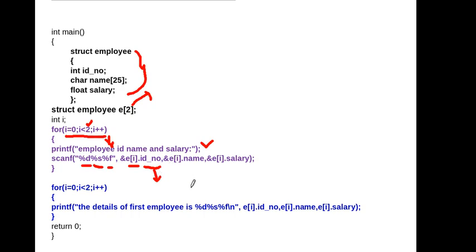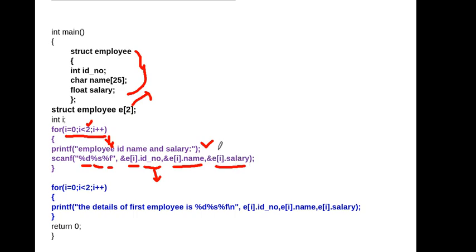Whatever ID number is entered from the keyboard will be stored in this structure member belonging to the first employee, that is E of 0. Similarly, the name entered is stored in E of 0 dot name, and the salary entered is stored in E of 0 dot salary, right?